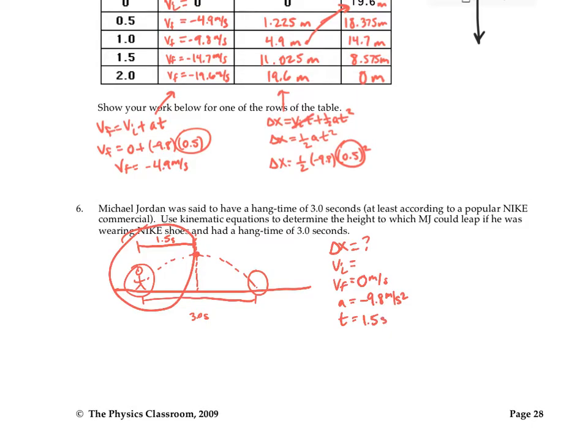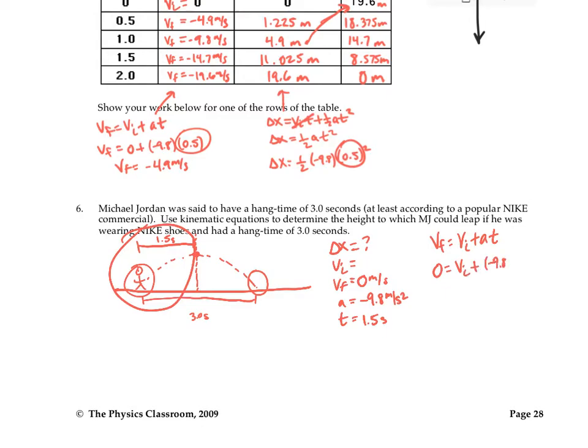So here's one of those problems where we have to actually use 2 steps. In none of our equations am I missing initial velocity. So I kind of have to know that to figure out this height. So first, let's figure out what that initial velocity was. How fast did he jump off the ground? The final velocity was 0.